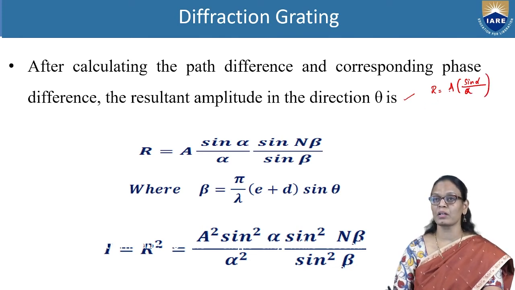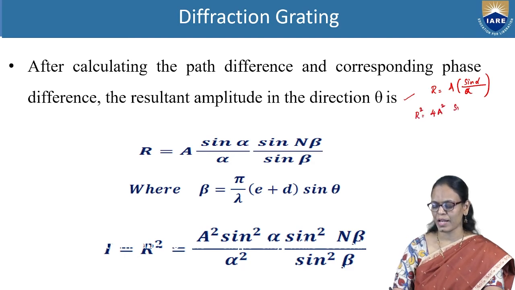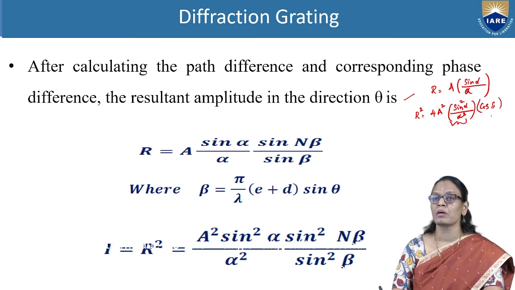And for the double slit, what we have seen is R square is equal to 4A square sine square alpha by alpha square into cos square delta. So we had a diffraction term and also an interference term.